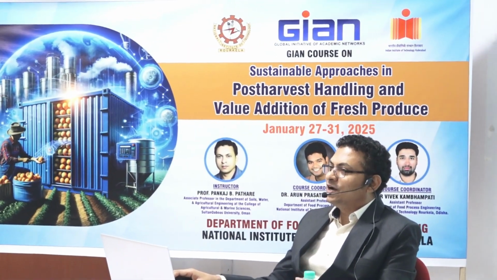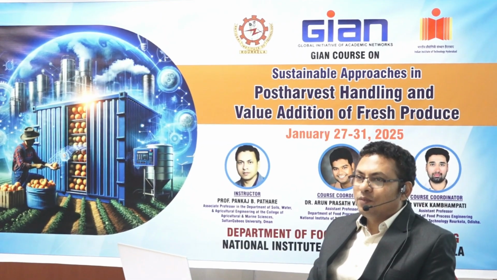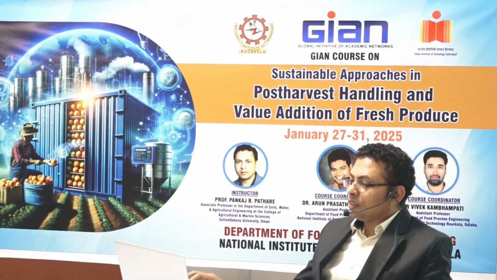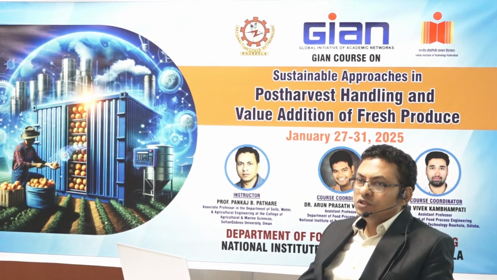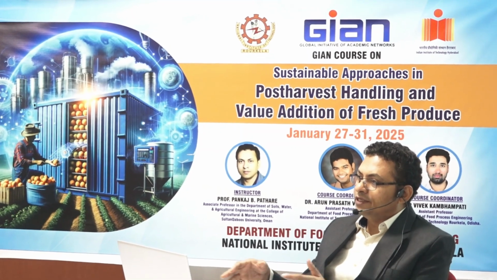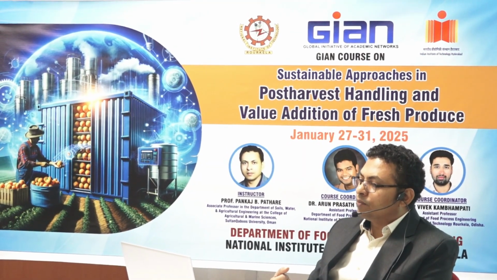We need to generate the ozone on site. You cannot buy it from the market or find it available in the market. Whenever we like to apply ozone, it's supposed to be generated on site, and then we can apply the ozone for our application.